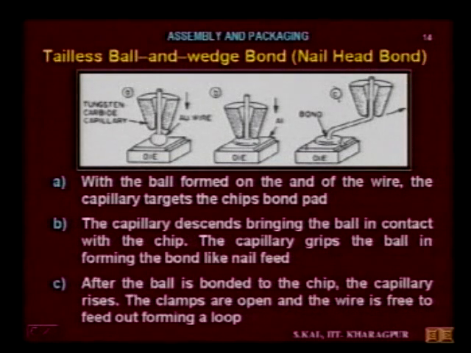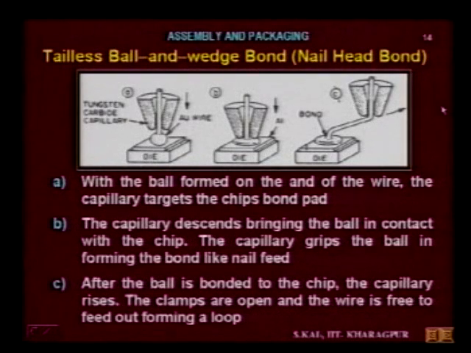After the nail is bonded onto the chip, the capillary rises. This is the capillary, the nail head, this is a bonding head, rises, the clamps are open and the wire is free to feed out, forming a loop. The clamps means here on the top of the wire where the wire is coming, there was a clamp, and the clamps are open now, and the wire is free to feed through this capillary.